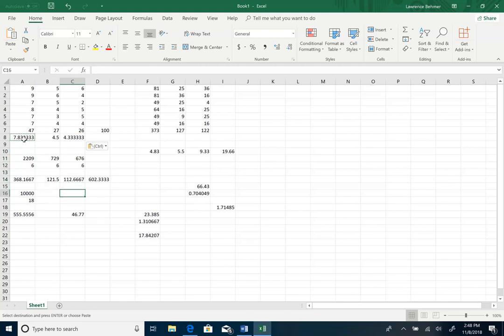How many combinations do I have here? Let's say I have A minus B, A minus C, and B minus C. So first let's take A minus B. We'll just call it 7.8 minus 4.5.